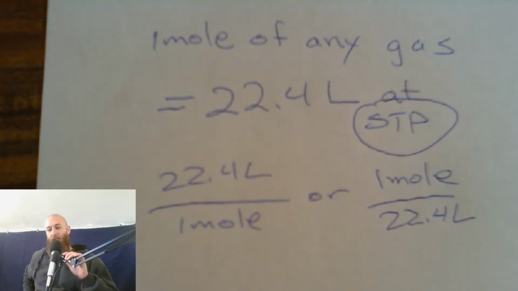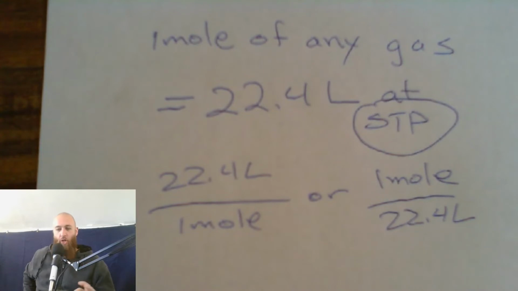So at standard temperature and pressure, a certain temperature and a certain pressure, whatever they are, it doesn't matter right now. But at certain temperatures and pressure, this is true. 1 mole of any gas is equal to 22.4 liters. As long as the temperature and the pressure are within a certain window, okay? Outside of those windows of temperature and pressures, this doesn't really hold true.